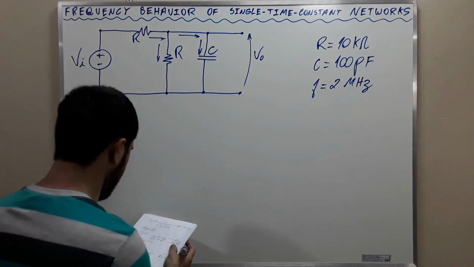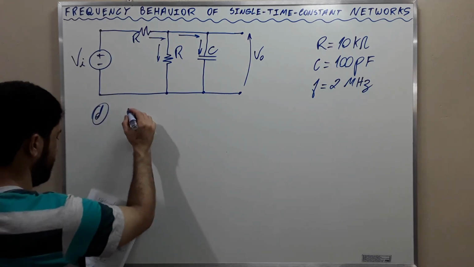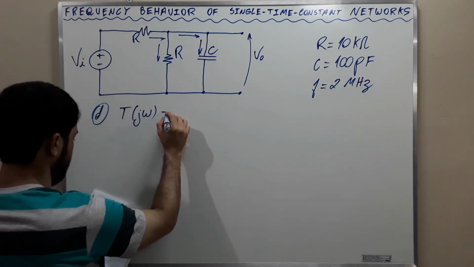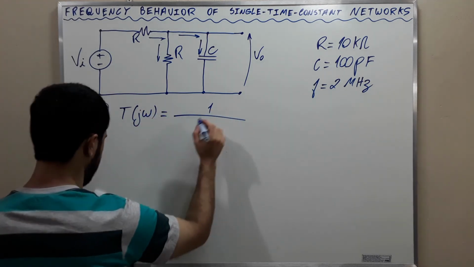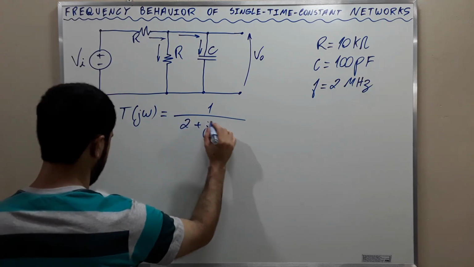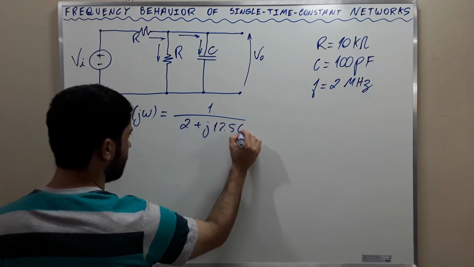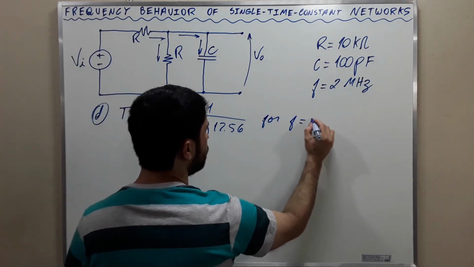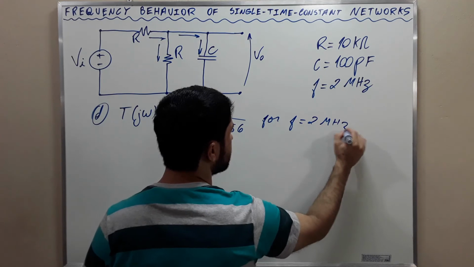This is the transmission that we just found for F equal to 2 megahertz.